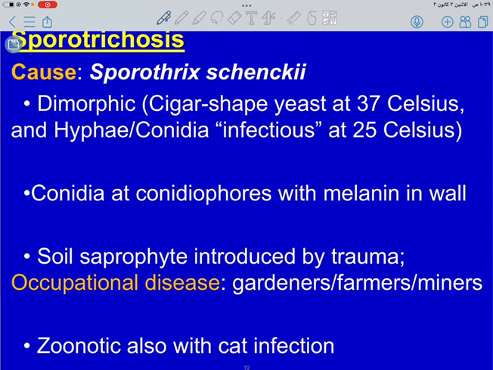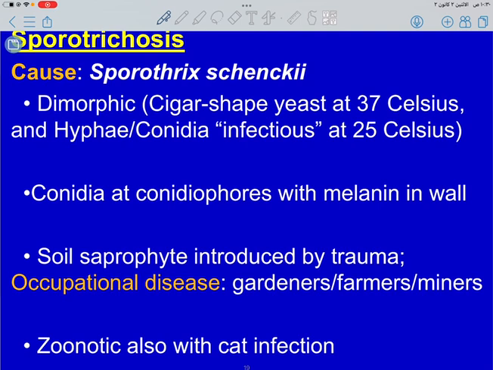Conidia on hyphae at 25. Cigar-shaped yeast خمائر at 37. كونيديا موجودة على الكونيديوفور. شنو هو الكونيديوفور؟ حامل الكونيديا. كونيديوفور.